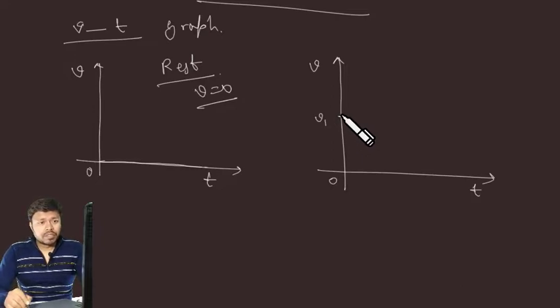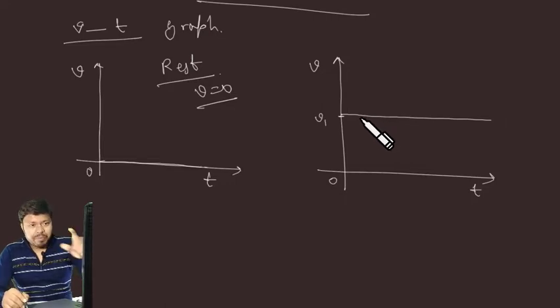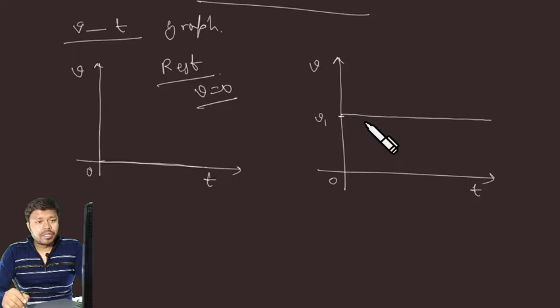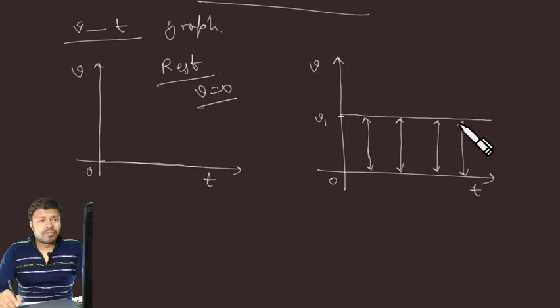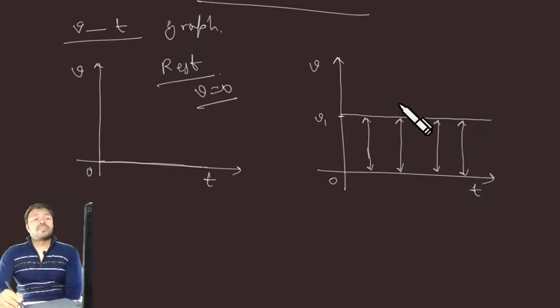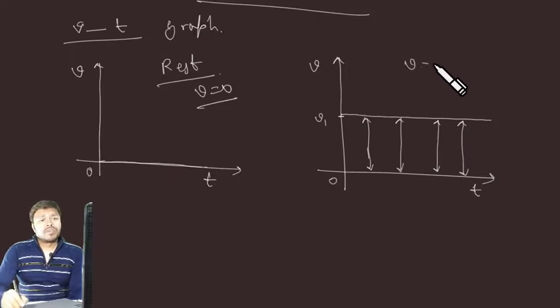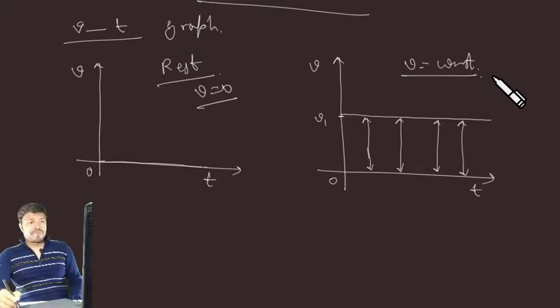It means whatever change in time happens, the velocity remains constant, means the graph will be parallel to the t-axis. The distance of the graph from the t-axis will always be the same, means v1. So this is the body with v equals to constant, means the uniform motion of the body.